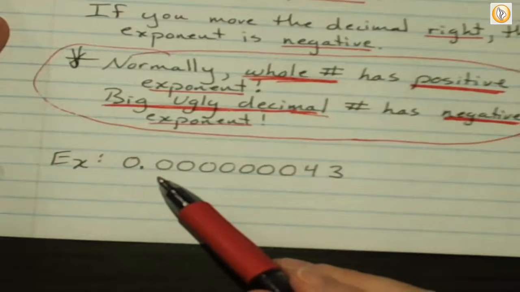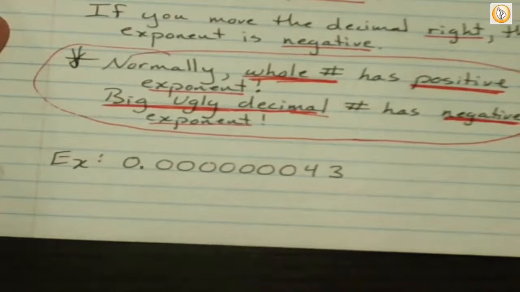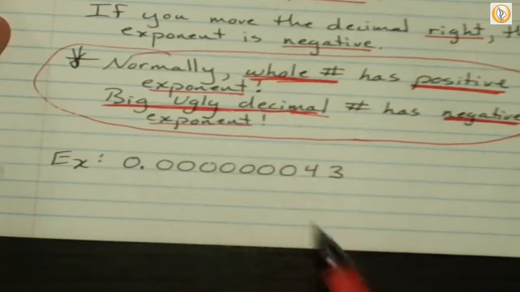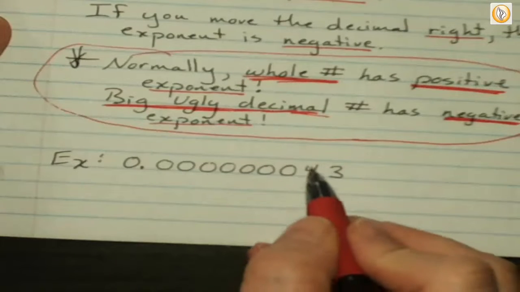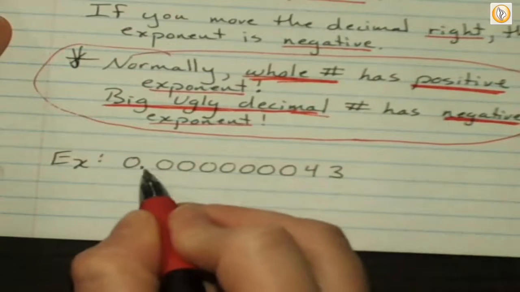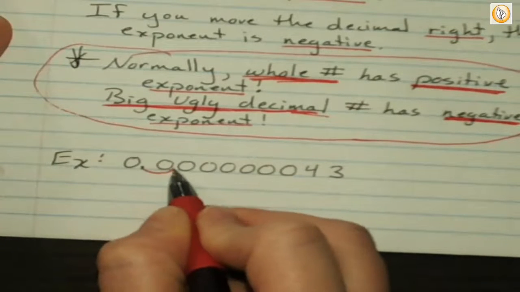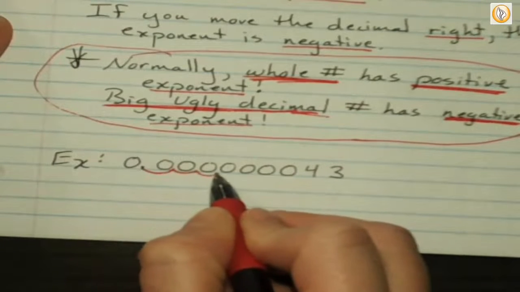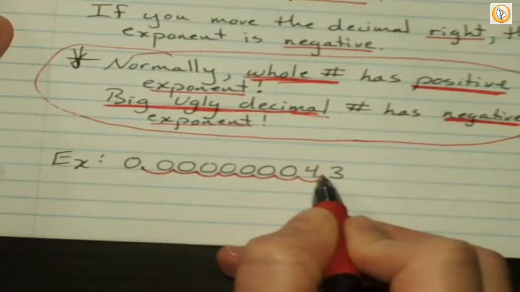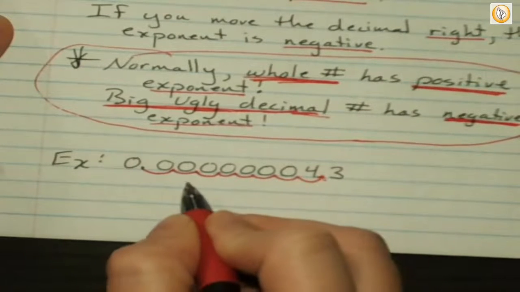So remember, to put it into scientific notation, the number itself has to be between what? Is this between 1 and 10? No, to get it to be between 1 and 10, remember I said always have a number and then the decimal. We're going to need to put it right here. So I'm going to move it right 1, 2, 3, 4, 5, 6, 7, 8. Right there.